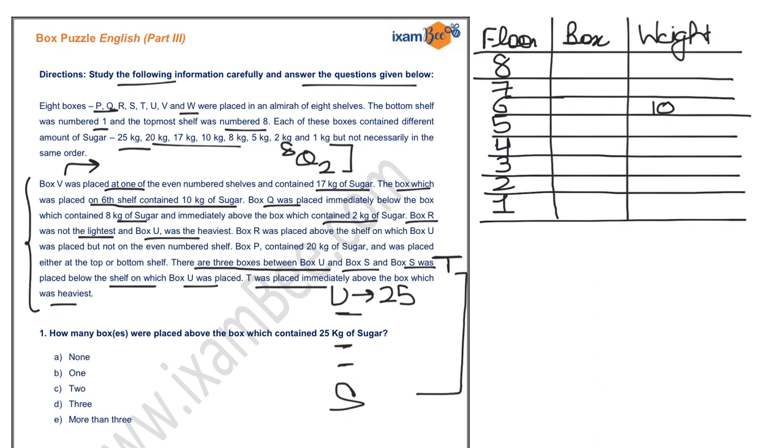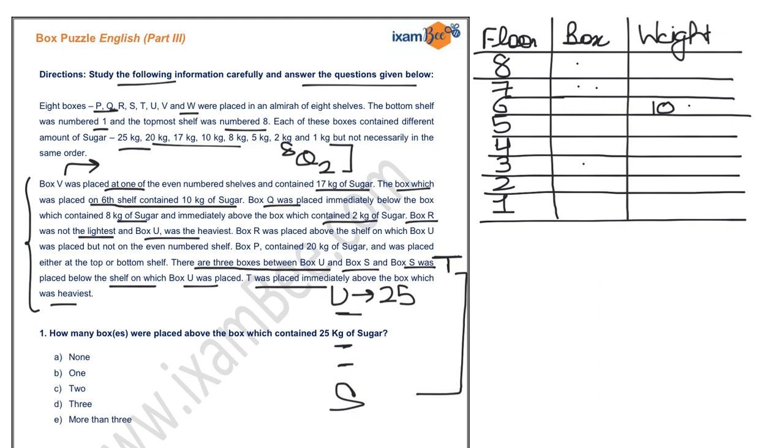So if I place T over here, that is the 8th position, then U must be at the 7th position, and accordingly there is a gap of 3 boxes between U and S, and S will be at the 3rd position, right? So you can place T either at the 8th position, or if you place T at the 7th position you cannot, because U is just below it and U has 25 kg weight, but that place is already occupied by 10 kg.